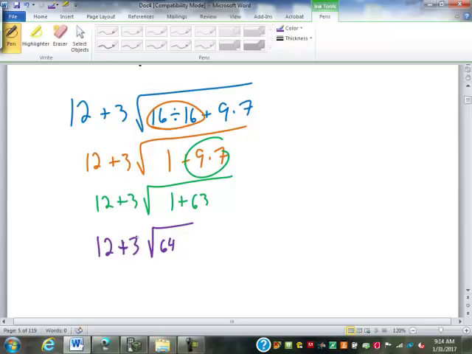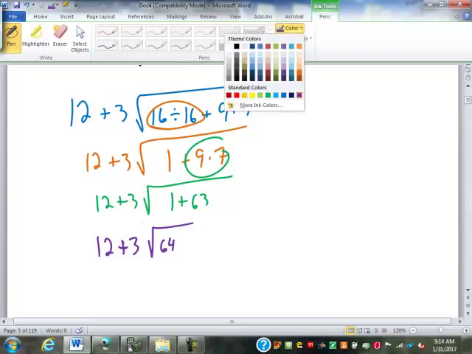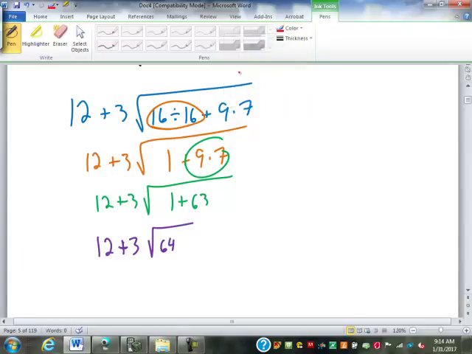Now, just like with the parentheses, we're down to a single number inside our enclosing symbol, which means we can get rid of the square root symbol. The difference is that with the parentheses, we just got rid of them. With the square root symbol, absolute value, and some of our other enclosing symbols, in order to get rid of the enclosing symbol, we actually have to do an operation.